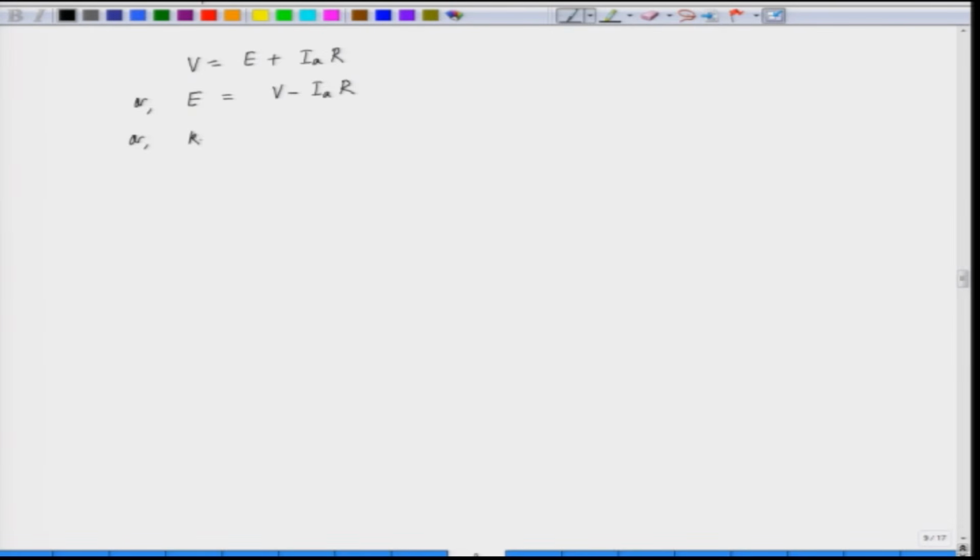Back EMF is K phi into omega m, that is equal to V minus IA R. Or omega m, the speed of the motor, is V by K phi minus IA R by K phi. Let us substitute for IA, which is torque by K phi. So, we finally get this equation, with T R by K phi square.